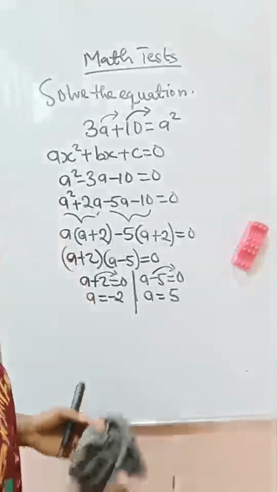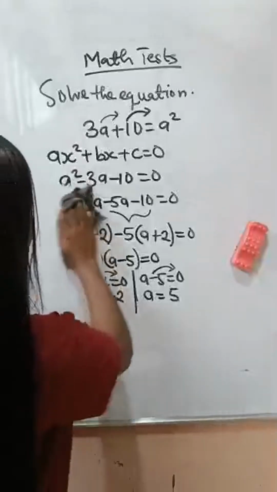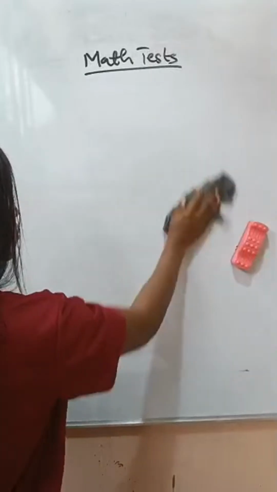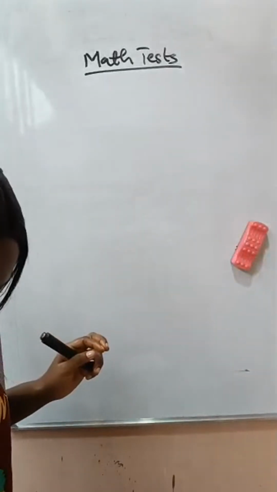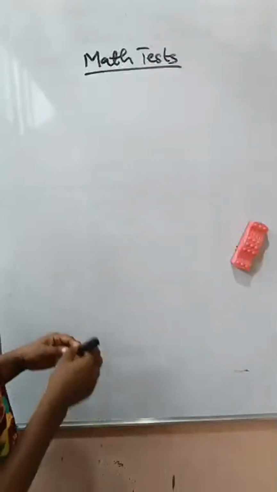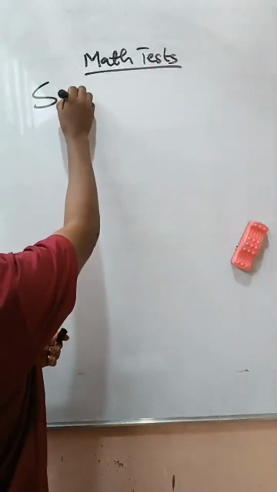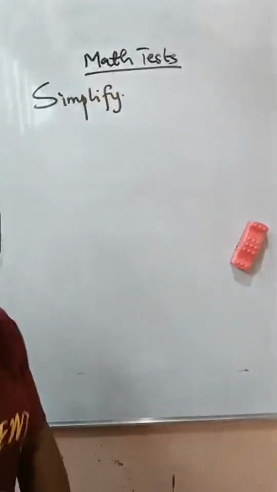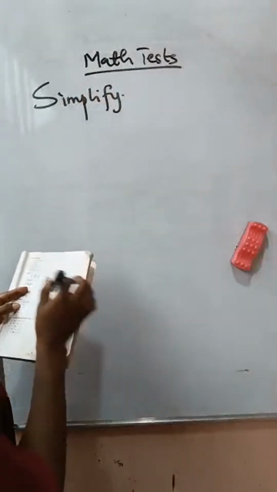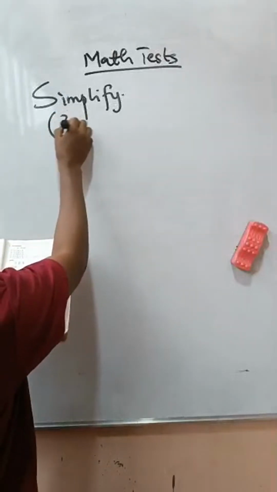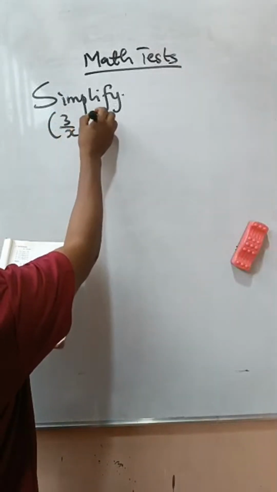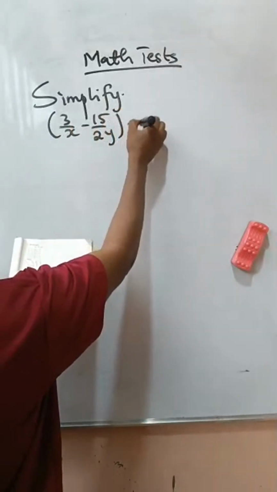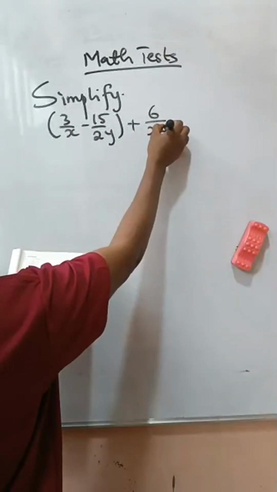All right, now we have another question to solve. This one says simplify 3 over x minus 15 over 2y, plus 6 over xy.